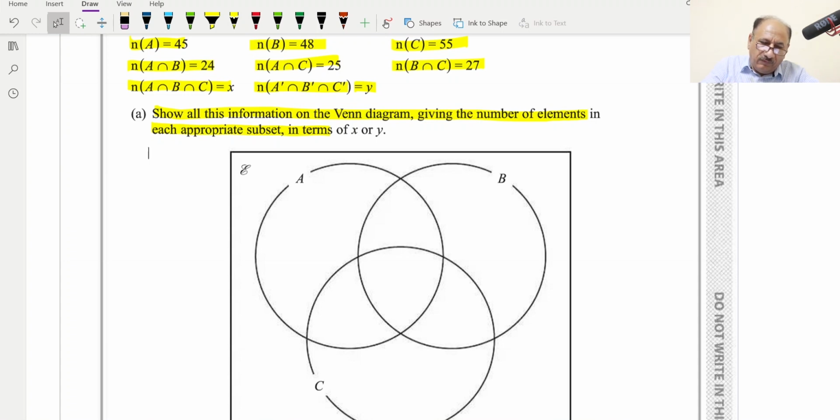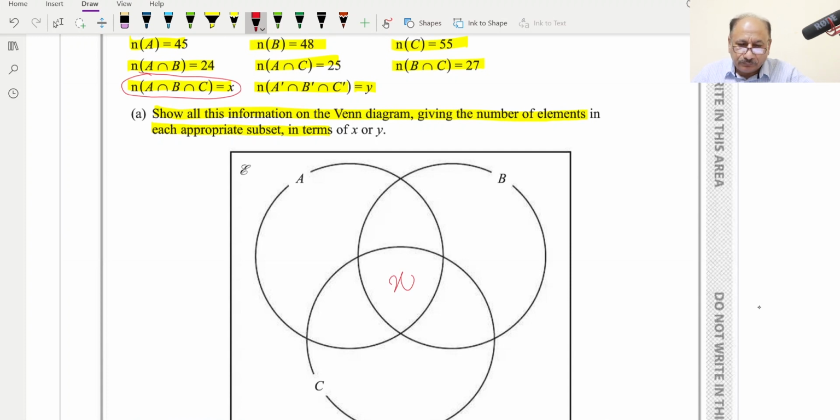So first of all, we will start with A intersection B intersection C. N of this is X. So to identify this region, this will be the region which is A intersection B intersection C. So in this region we will write X over here.